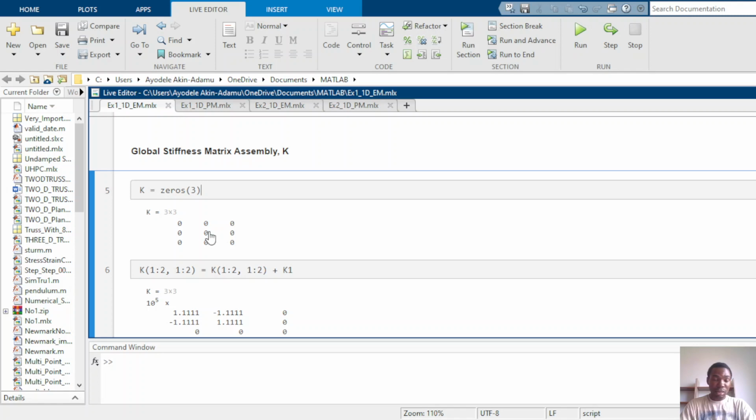After I've created this zero matrix, the next step is to add my local stiffness matrices to the zero matrix. I will add my K1 local stiffness matrix to the K matrix, and I'll also add the K2 local stiffness matrix to the zero matrix. K1 represents the local stiffness matrix of element 1.